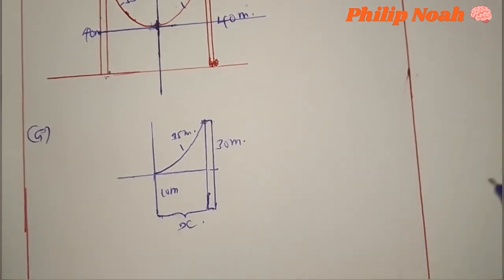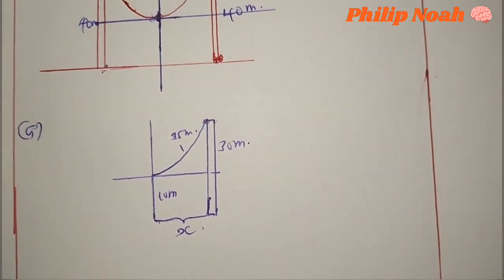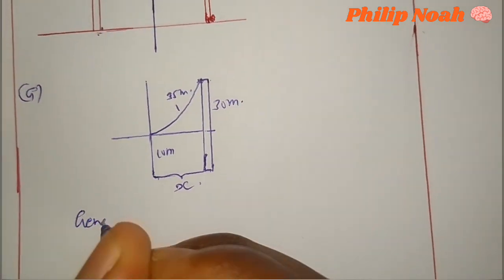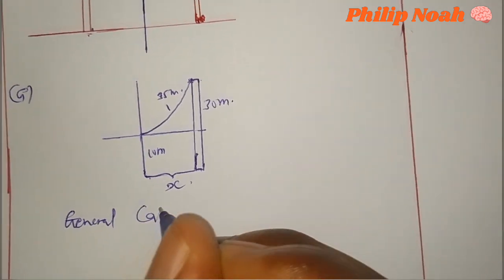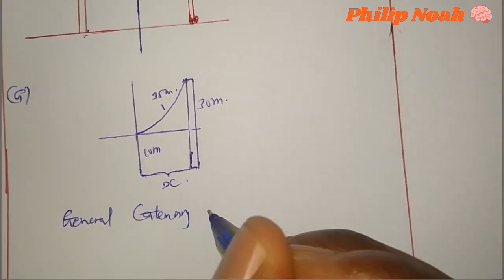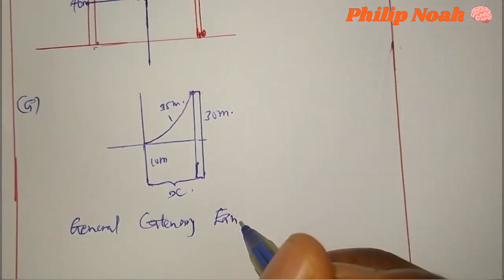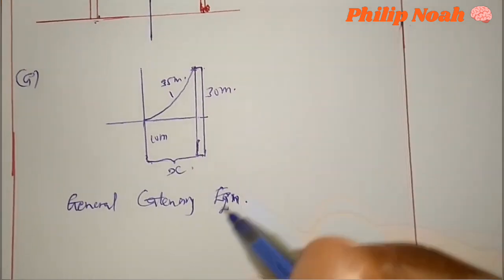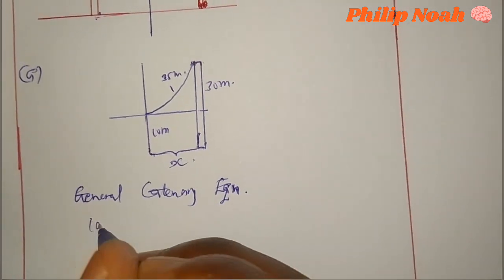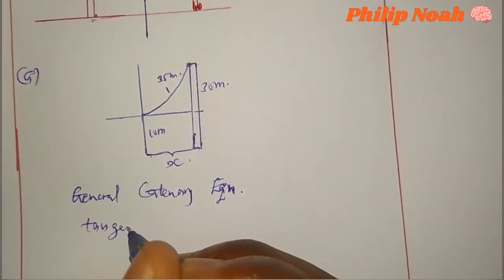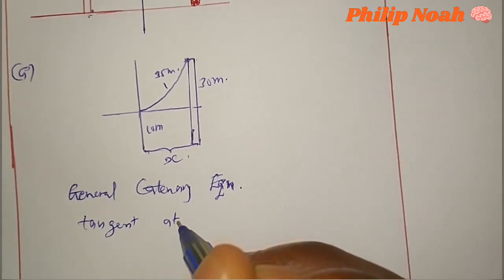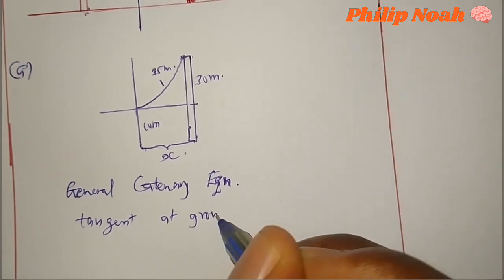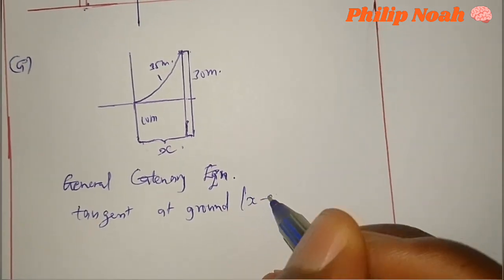Are we there? So at this point, you have to remember the general catenary equation, this equation that is for a catenary tangent to the ground, or the x-axis.